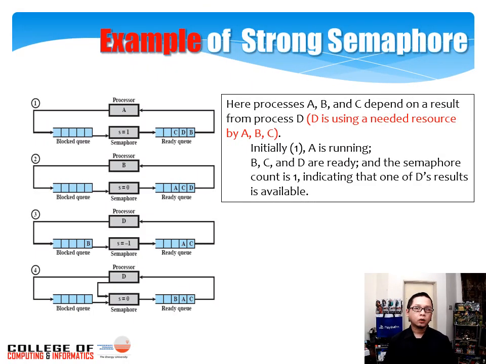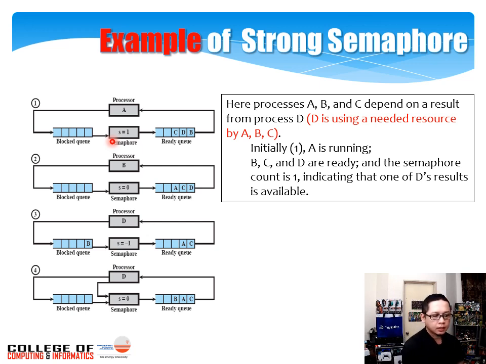Now we look at how semaphore is used to determine when a process is blocked and when a process can run. In this first run, you see that there are four processes: process A, process B, process C, and process D. In this situation, let's say processes A, B, and C depend on the result from process D, and they are waiting for a resource from process D. But at the current time, we have the semaphore value as 1, indicating there are still available resources for them to use.